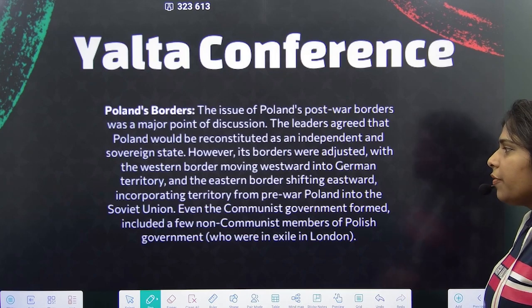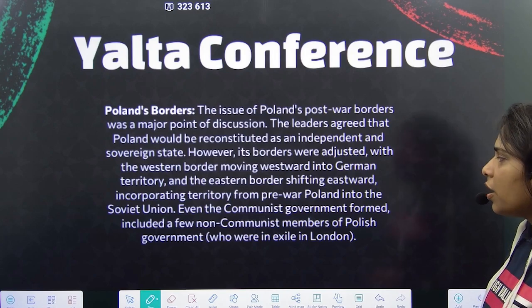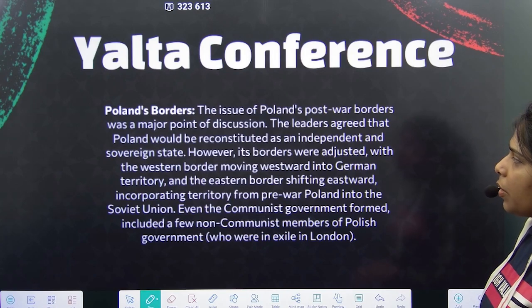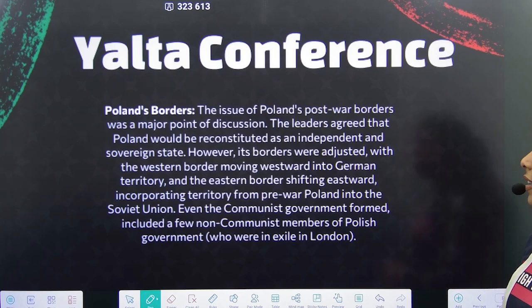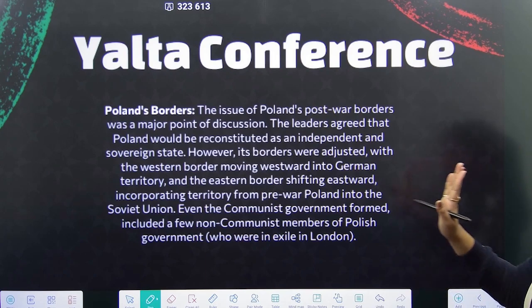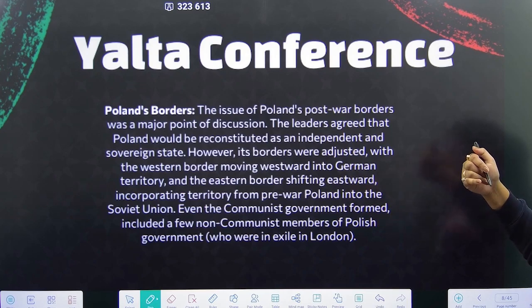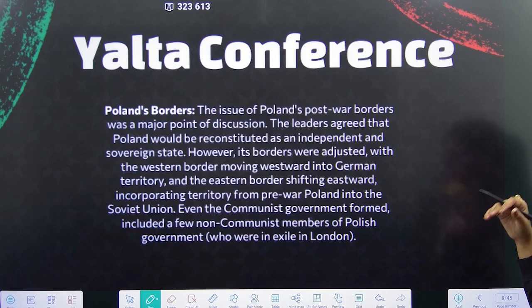Even the communist government formed included a few non-communist members of the Polish government who were in exile in London. So basically what happened is that they decided that Poland's borders need to be readjusted. Okay, so the western border is going to move west into Germany, and the eastern border will shift eastward, incorporating territory from pre-war Poland into the Soviet Union.